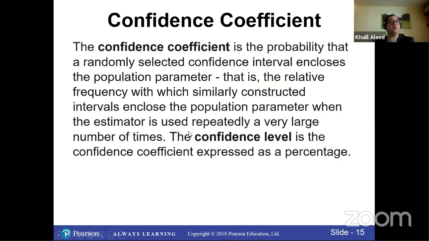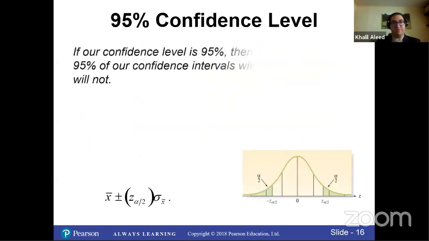First, let's discuss what we call the confidence coefficient or the confidence level. It's a number, a percentage or a probability, that tells me how sure you are of the results you're getting, or how much you trust that the results you have are correct.